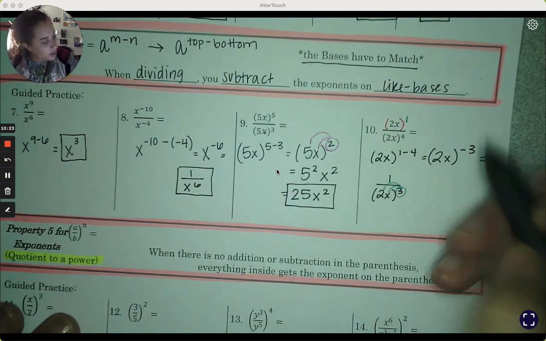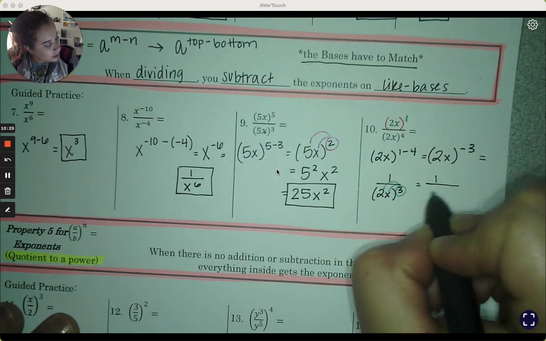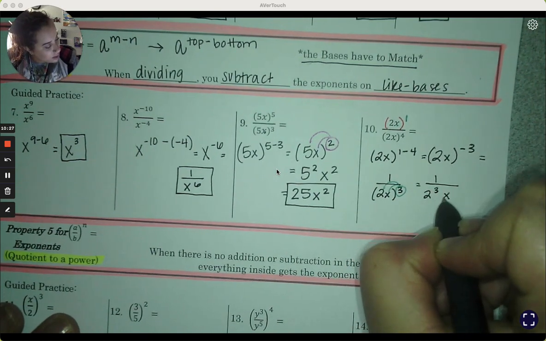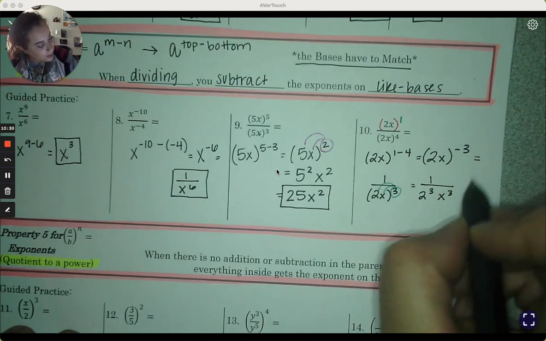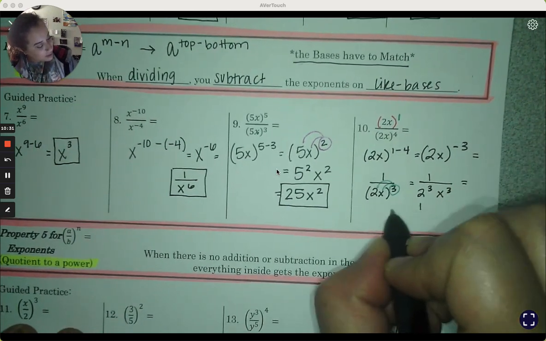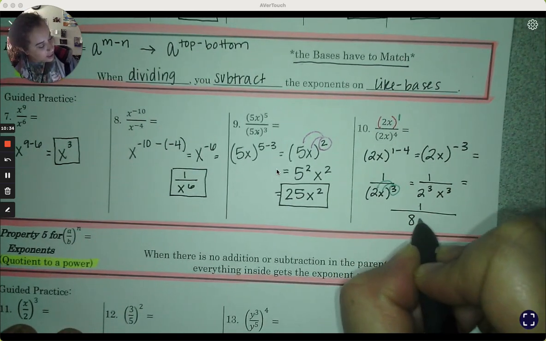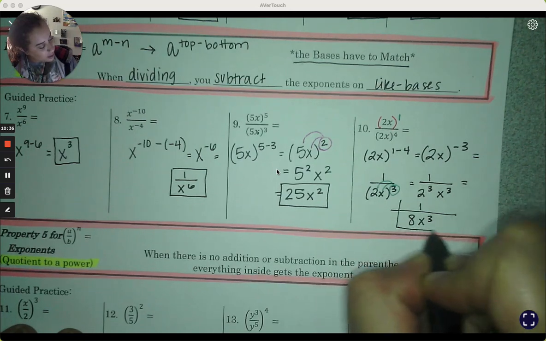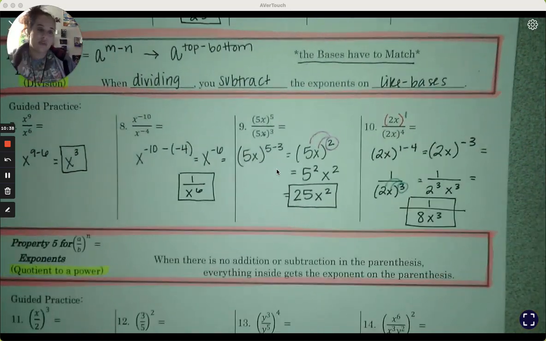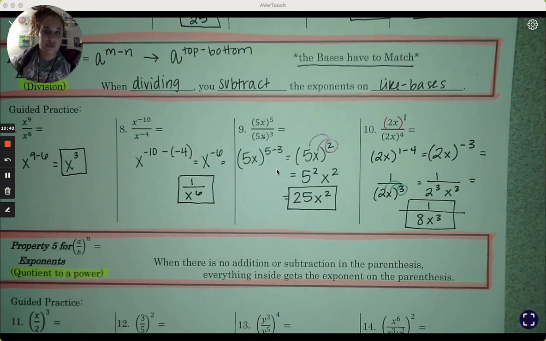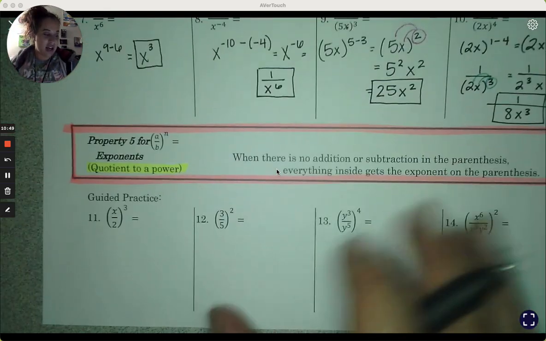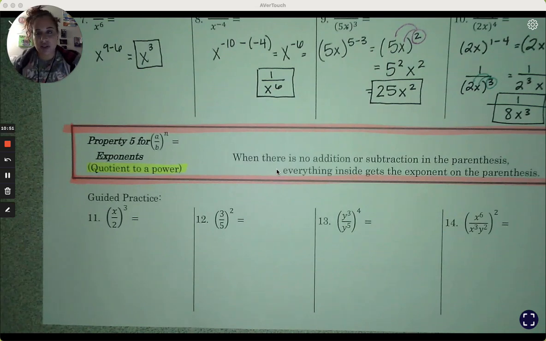Okay, so we have 1 over 2 cubed, x cubed. 2 cubed is 8, so we have 1 over 8x cubed. Pretty self-explanatory.